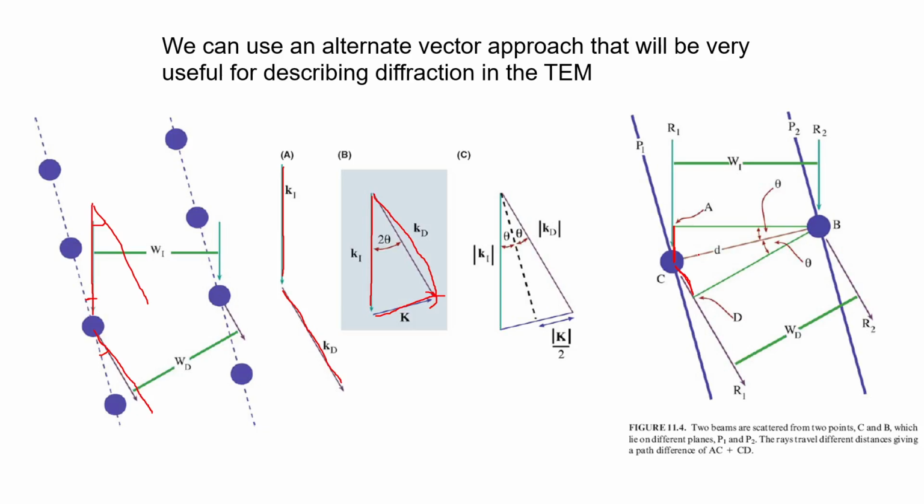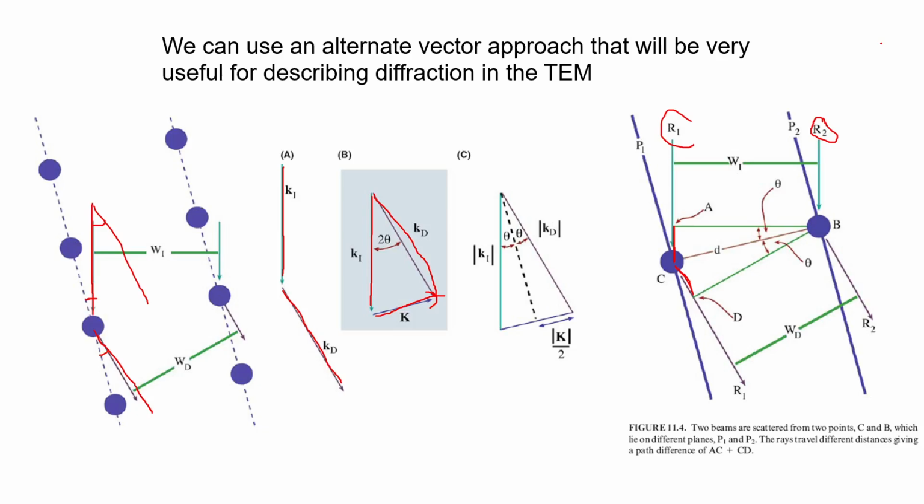This is the extra distance traveled by your radiation R1 after scattering as compared to R2. And if the path difference is n lambda, that is an integral multiple of your incident wavelength, only then they will undergo constructive interference, otherwise they will undergo destructive interference.